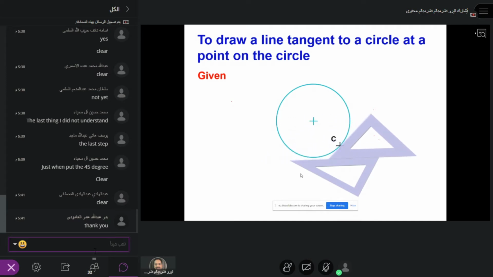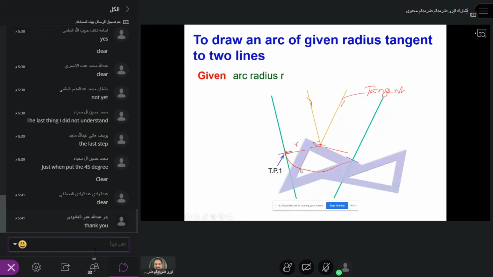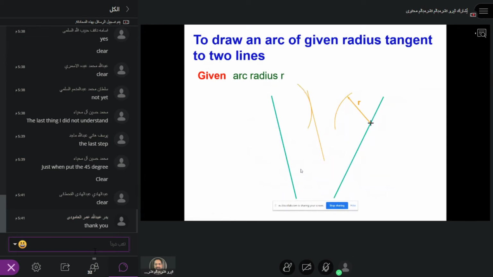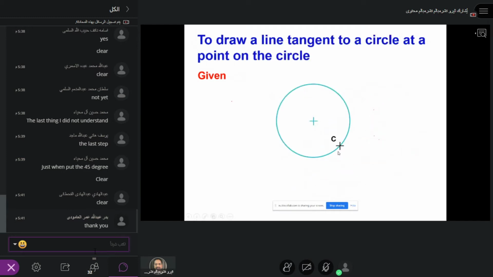This is how we made the tangent in the previous case also. You remember that? In the previous case, how we did this? See? Similar. Once you have the arc, then use the tri-square and move it and we draw it. Very similar. Now we are using the circle. Initially it was an arc, now it's a circle. That's the only difference.